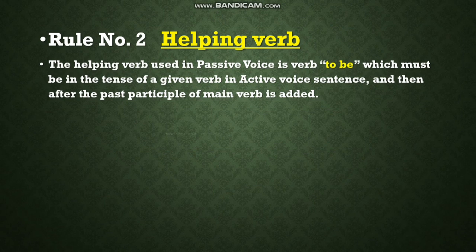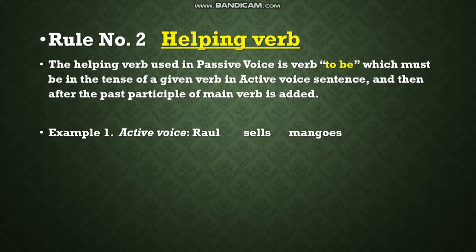To understand this, let us use an example. Here we have an active voice sentence. Raul sells mangoes. Raul is the subject, sells is the verb, and mango is the object. In the passive voice, we will say mangoes are sold by Raul.